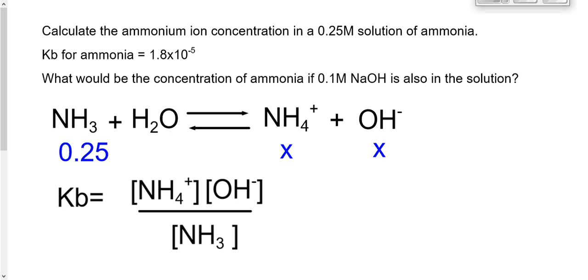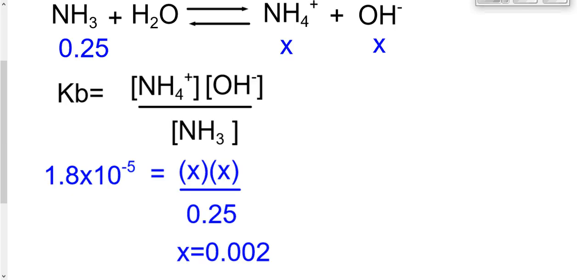Let's separate these values that we have in blue into our Kb expression, as we know the Kb for ammonia is 1.8 times 10 to the minus 5. Substituting, the value of Kb is 1.8 times 10 to the minus 5. The concentration of ammonium is x, as is the concentration of hydroxide, over the concentration of ammonia, which is 0.25.